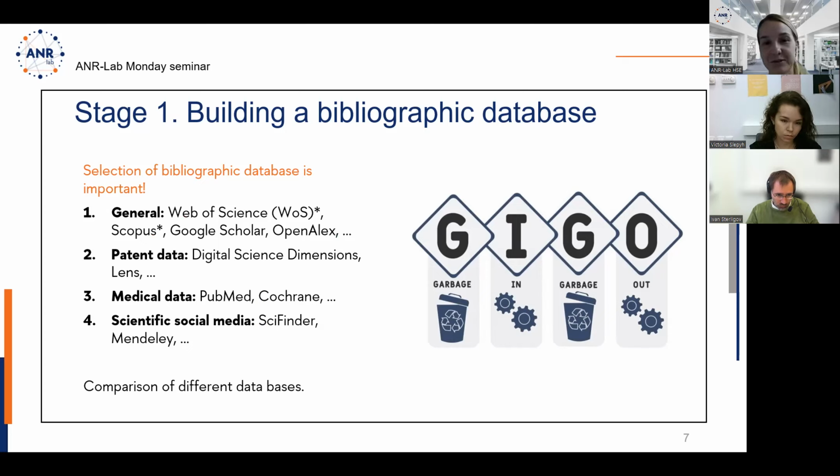Now there are a lot of different databases, and previously we used Web of Science, but there are many more. Some of them are so-called generally oriented, so of course there would be some differences, but for example Web of Science, Scopus, Google Scholar or OpenAlex collect information on articles from different disciplines.